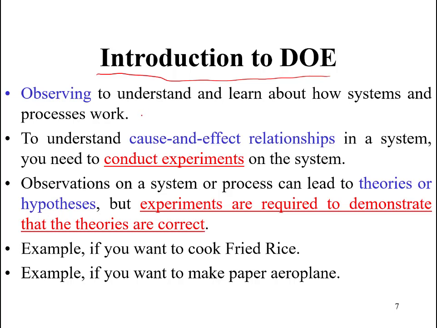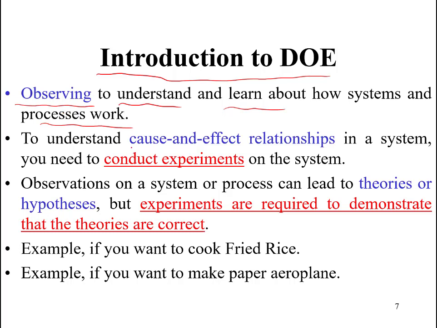To do this, we can have different methods, but the scientific procedure is to start with planning of a design of experiment. To understand and learn about how a system or a process works, we usually need to observe it.